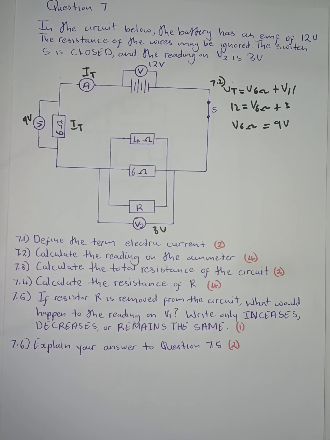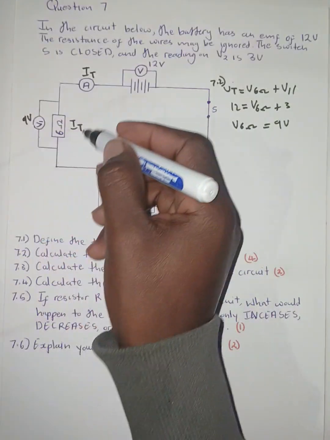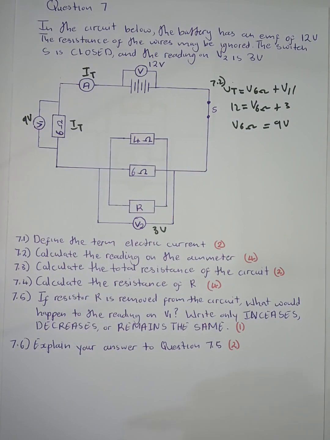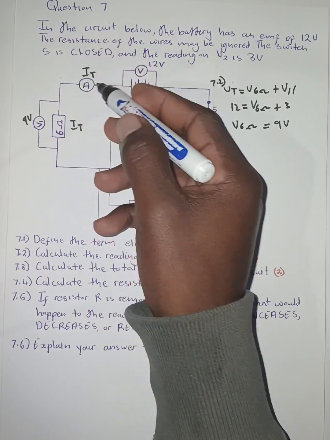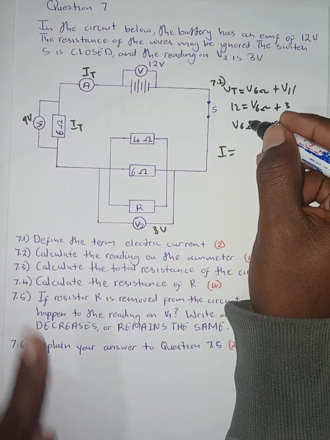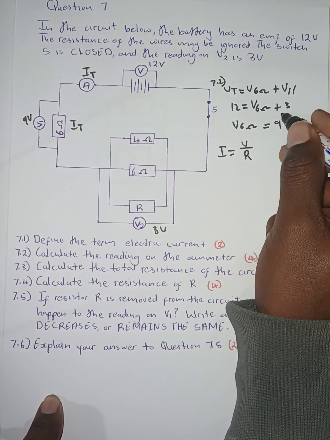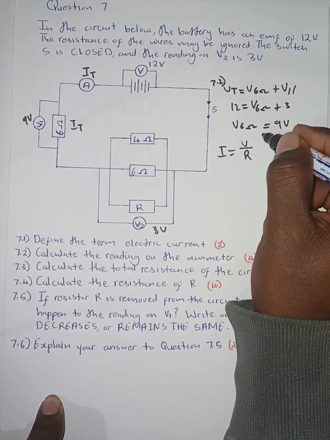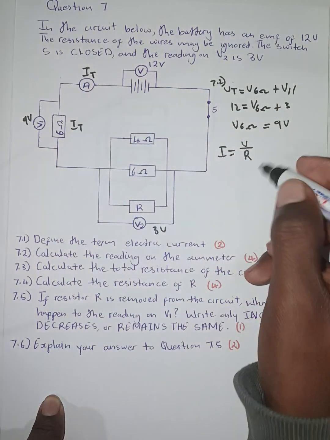Now I can use Ohm's law to calculate the total current, because I know that the current passing through that 6 ohm resistor is the total current, which is the same current that passes through that ammeter reading. Still answering 7.2, I is equal to V divided by R. If I'm using that voltage, I must use it with its corresponding resistor, which is that 6 ohm resistor.